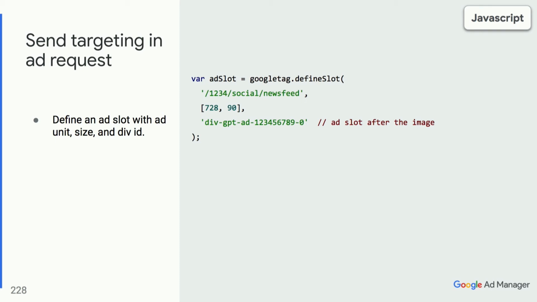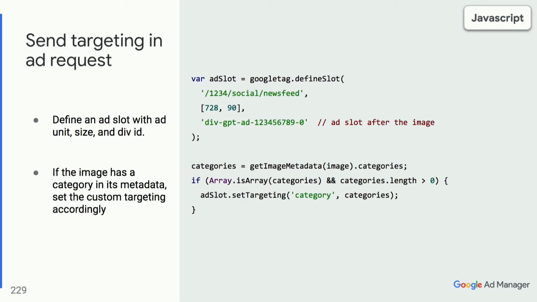We have to pass in the ad unit size, and then the ID of the ad slot where the ad will go. And then we're just going to fetch the categories from the database if it exists, and if it has any values in it. On the ad slot, we will call set targeting. Our key, remember, is category, and then the list that we want to target is the full categories list. And it's really as simple as that.